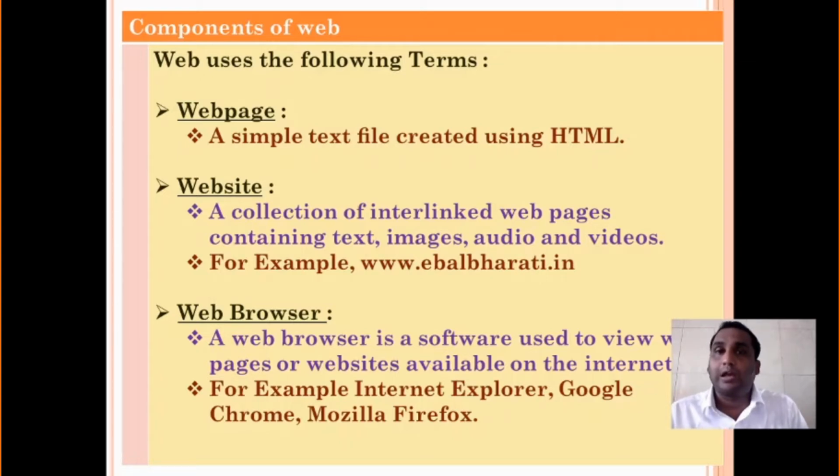A website is given a name, and we identify a website with a name, for example www.ebalbharti.in, www.yahoo.com, www.hotmail.com. So these are a few examples of what website names are. But a website in itself is a collection of interlinked web pages.